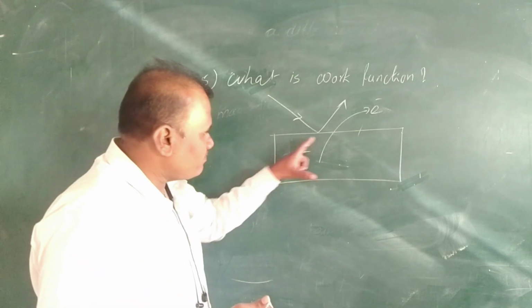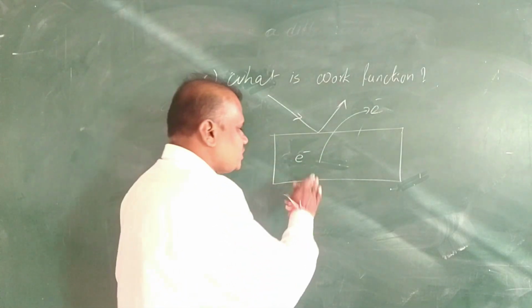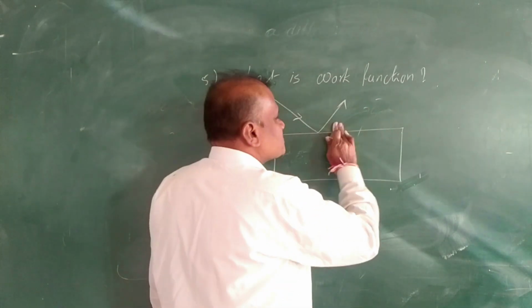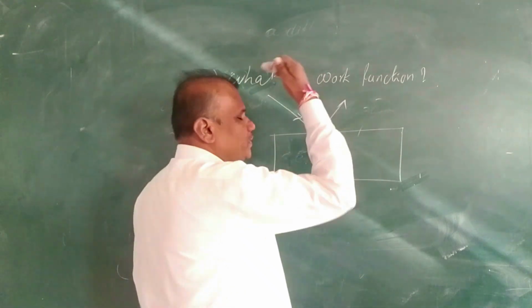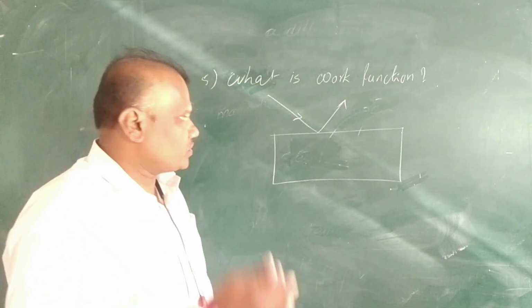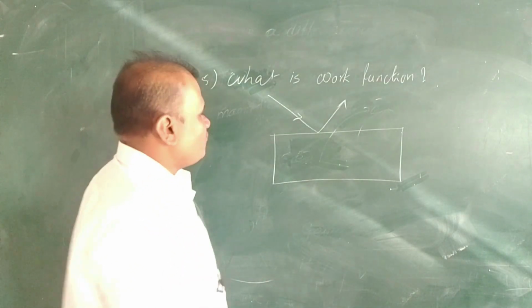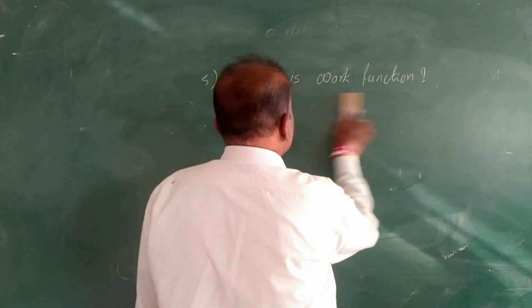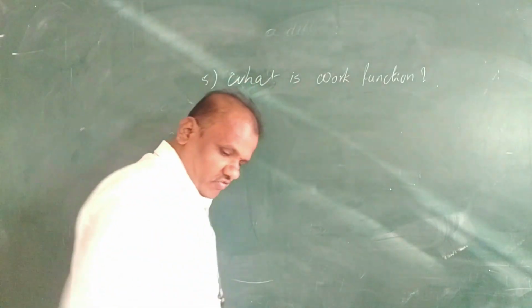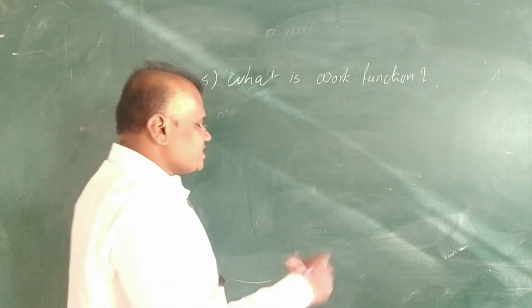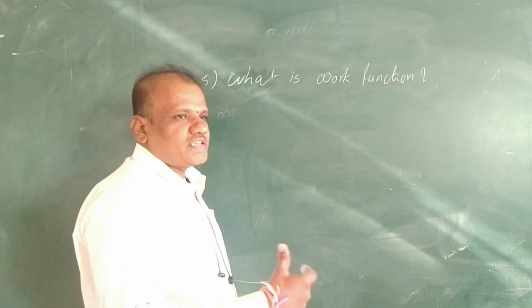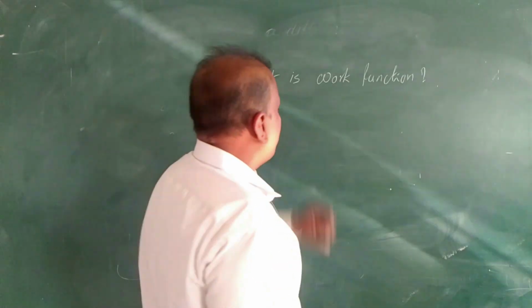The electrons within the metal require some minimum amount of energy to escape from the surface of the metal. Then only you are going to get the photoelectric effect. That minimum amount of energy is called the work function, the minimum energy required for the electrons to escape from a metal like cesium or potassium.